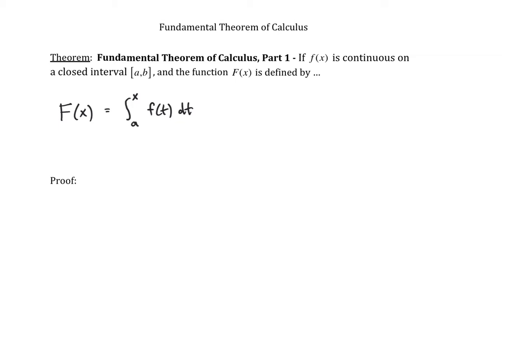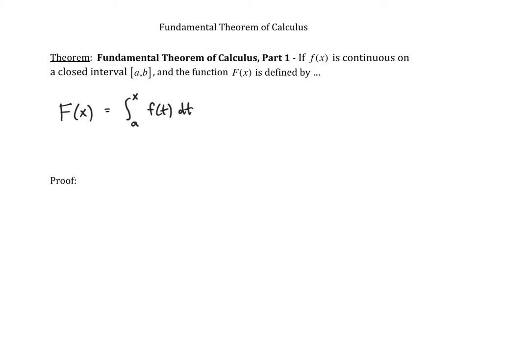Just as a reminder, our independent variable is x, and the upper limit of integration is also x. We're integrating the function little f from a to x, so the output of this function is the area under a curve.